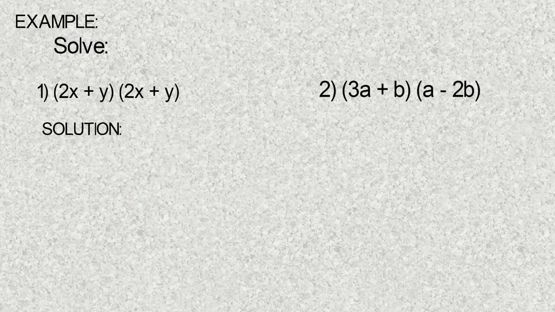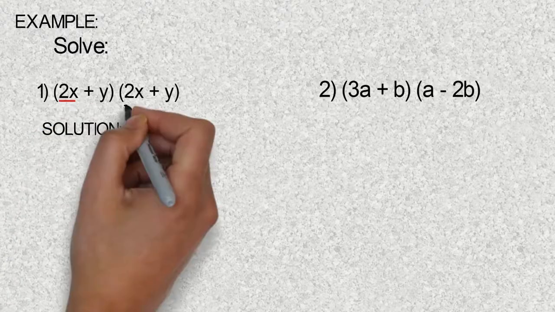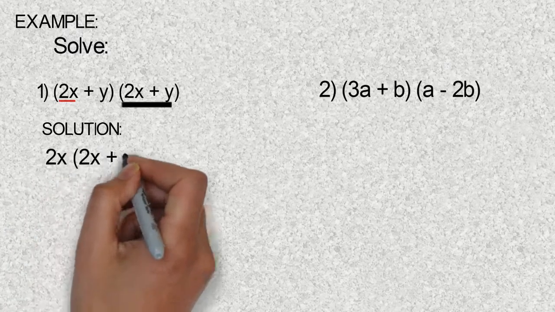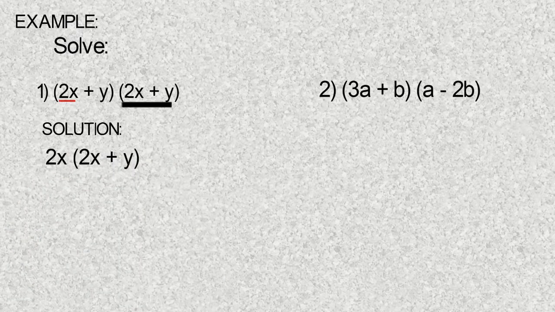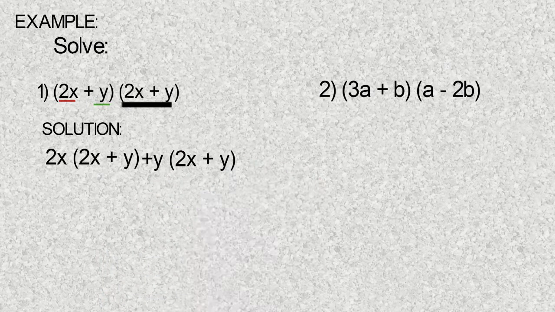The first one says 2x plus y multiplied by 2x plus y. So how do we do this? I said we use the value of one to multiply the other. So I first take 2x from my right to multiply all that is in the left hand side. So I have 2x into bracket 2x plus y, bracket close. Then I have plus y again to multiply 2x plus y. So I have y into bracket 2x plus y.